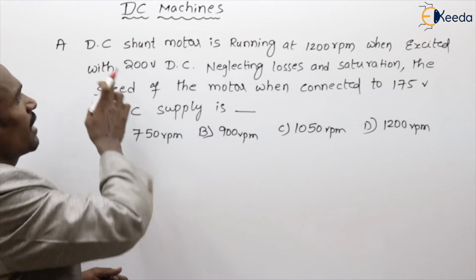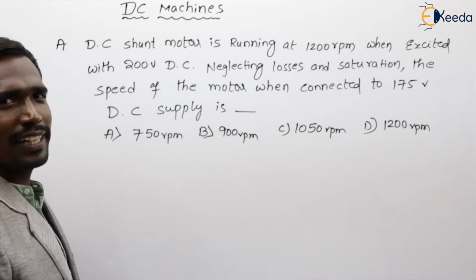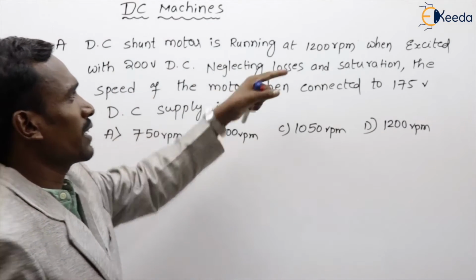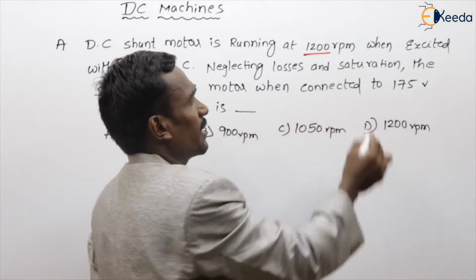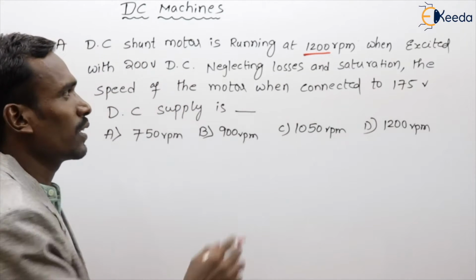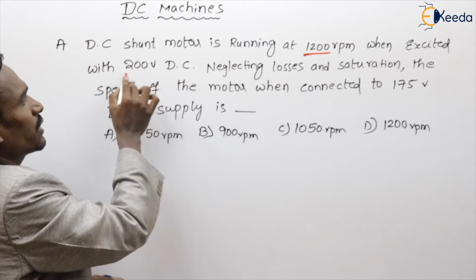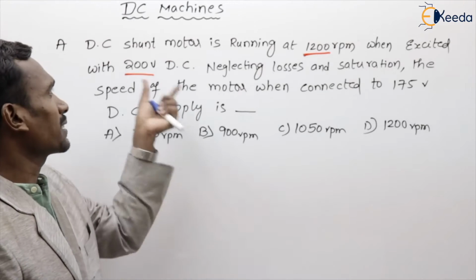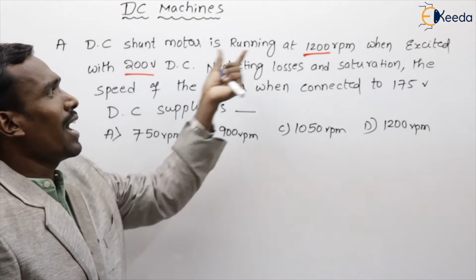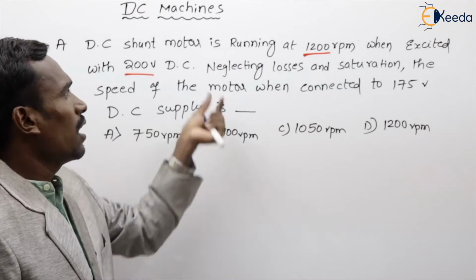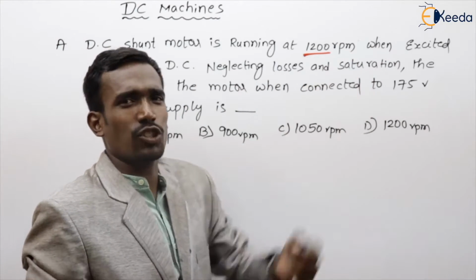A DC shunt motor is running at 1200 RPM when excited with 200 volts. This is my supply voltage and this is the speed. I am neglecting losses and saturation.